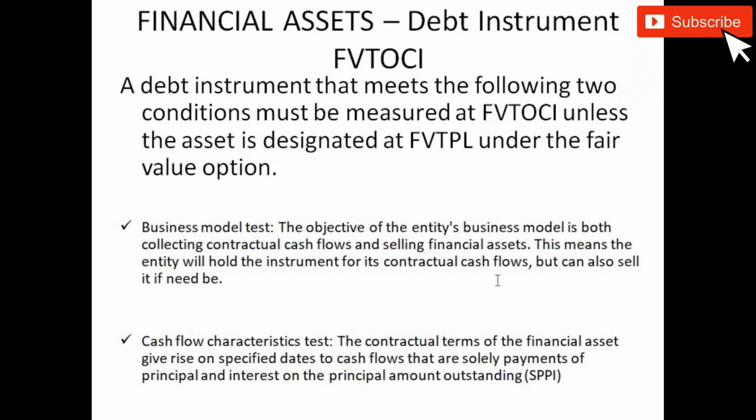Financial assets, debt instruments, can also be measured at fair value through other comprehensive income. A debt instrument that meets the following two conditions must be measured at fair value through other comprehensive income, unless the asset is designated at fair value through profit or loss under the fair value option, as I already established, that an entity at inception can designate its financial asset at fair value through profit or loss.